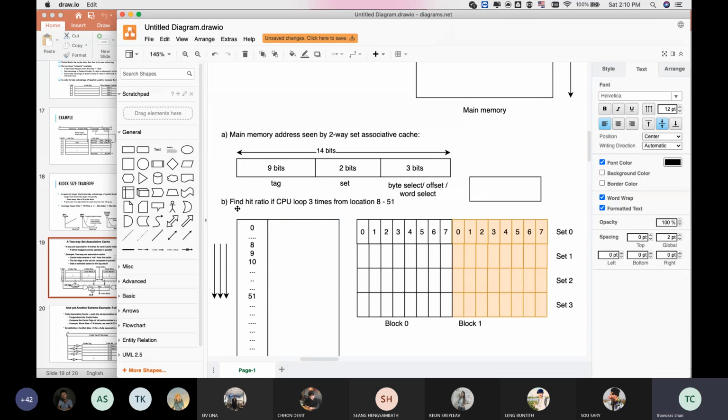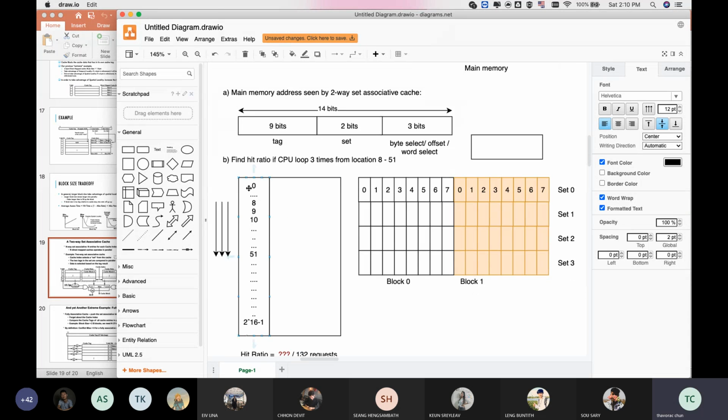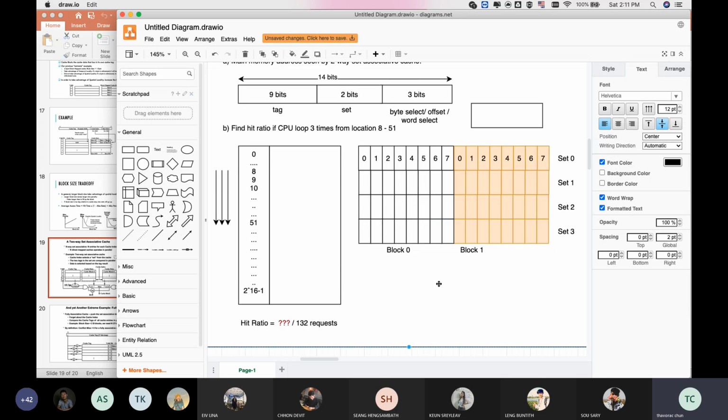So here is our question. The CPU is making requests from 8 to 51. In the beginning, you need to assume that inside our cache there is nothing at all.